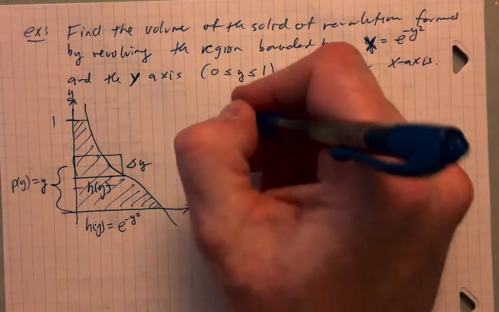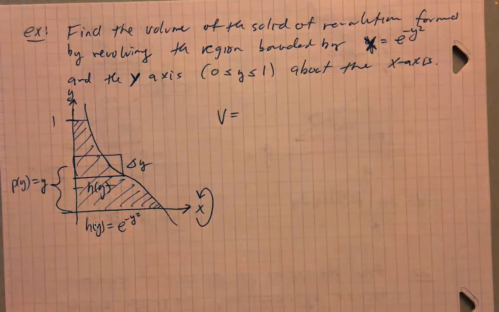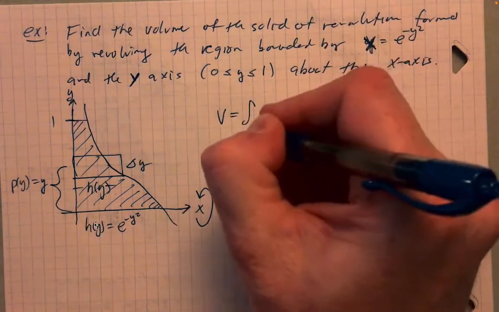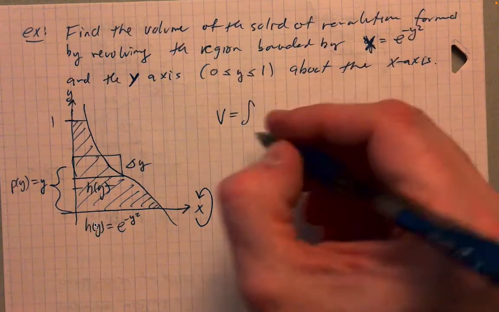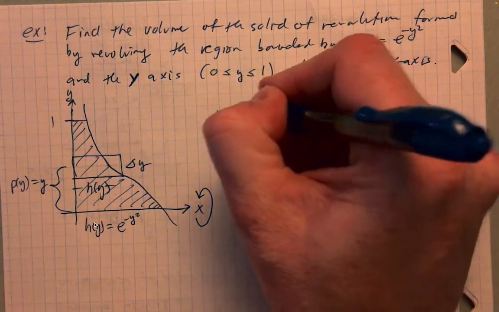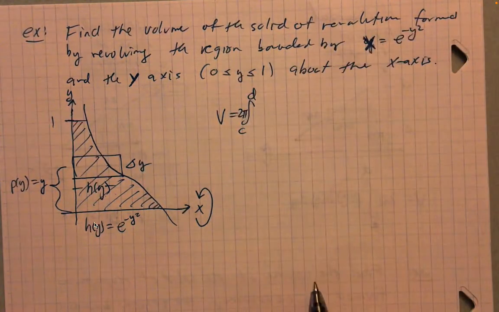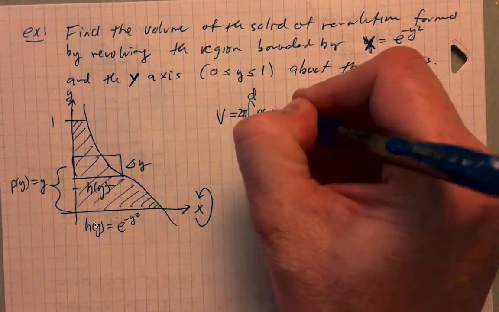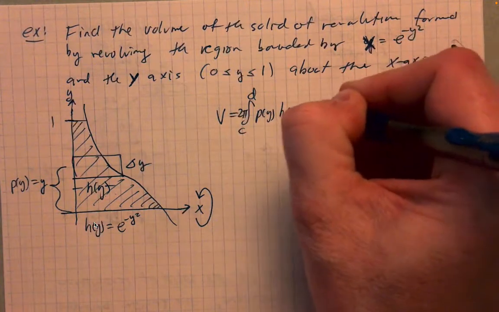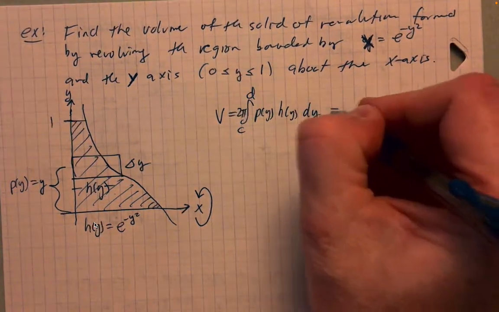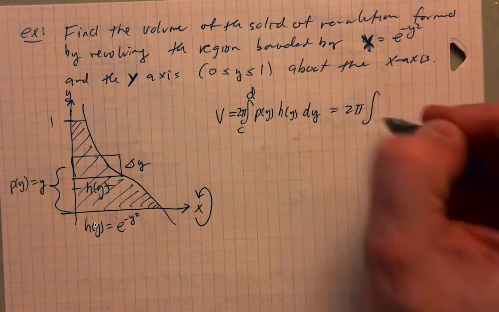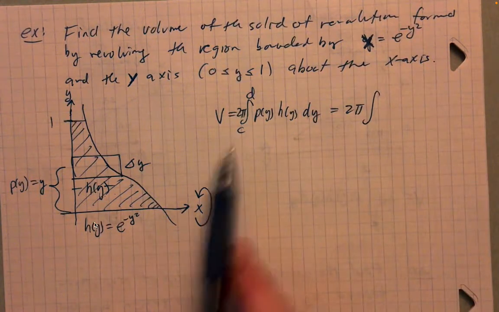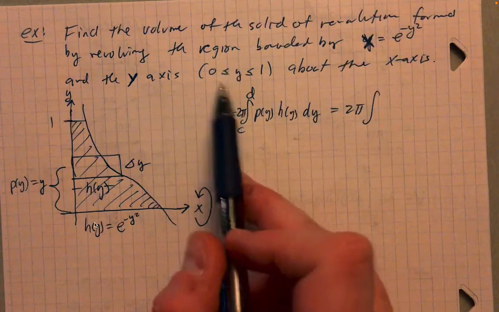All right, so then we can set up our integral. Let's write down the formula for this. It would be 2 pi times the integral from c to d of p of y times h of y dy. And so what is the region? It's 0 up to 1, it's given.